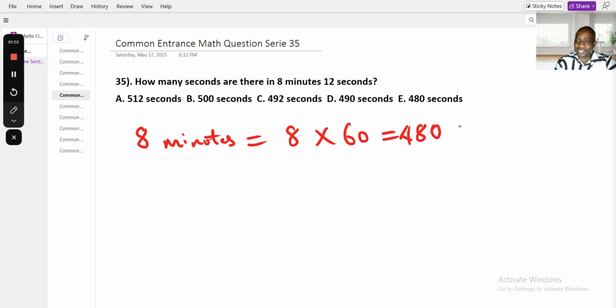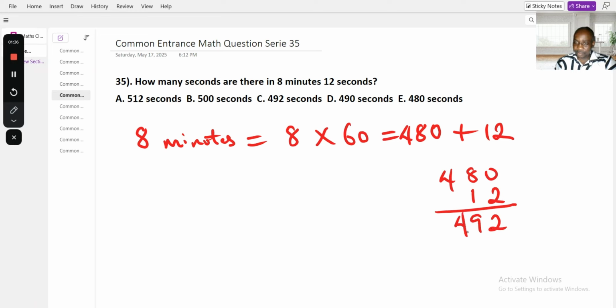Let's add the extra 12 seconds so that we get the total seconds. 480 plus 12. 0 plus 2 is 2. 8 plus 1 is 9, and 4. The total is 492 seconds. Do you have 492? Yes, this is 492 seconds, C. Let's move to the next question.